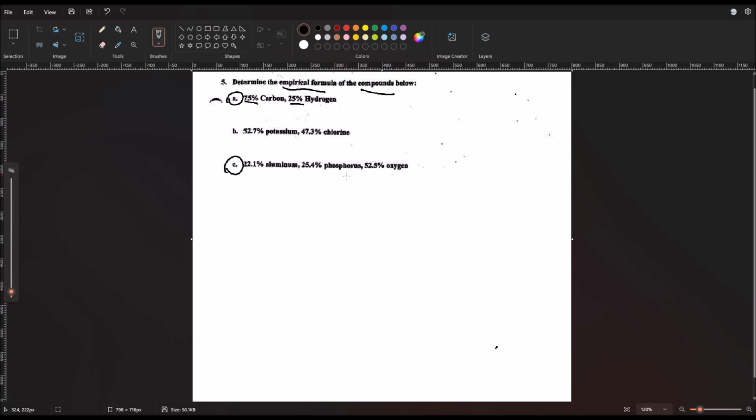And does that add up to 100? Yes. So let's skip the step and just convert all of these to grams straight away. So we're going to have 22.1 grams of aluminum, 25.4 grams of phosphorus, and we're going to have 52.5 grams of oxygen.